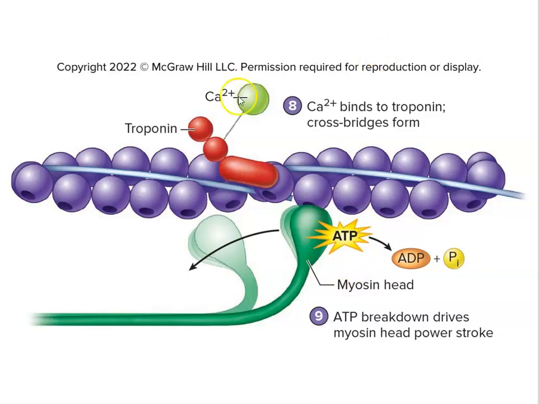So it's going to bump up against all the troponin on the thin filament. Binding to troponin causes it to change shape. That change in shape causes tropomyosin to move off of the attachment or binding site, and myosin can attach to actin. A cross bridge forms between the thick and thin filament.